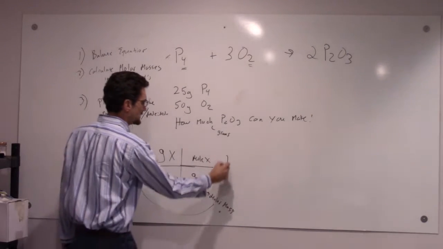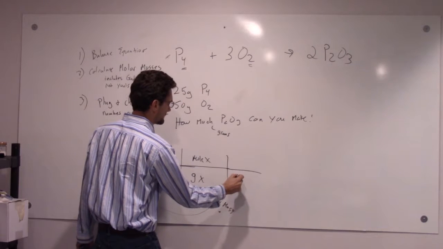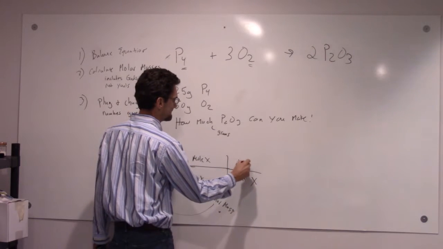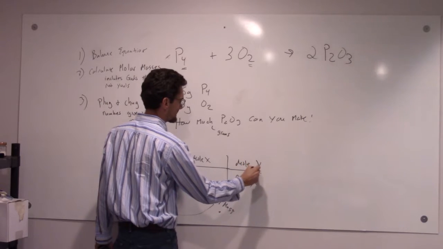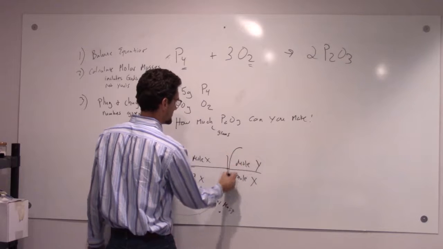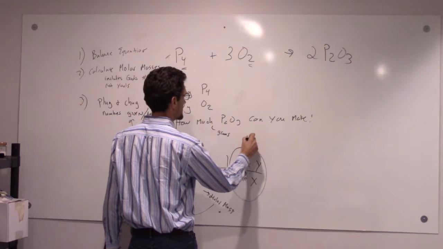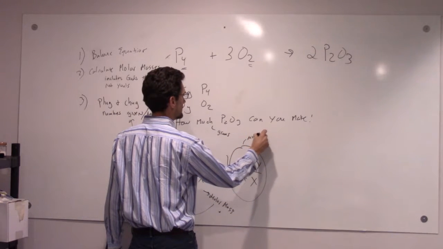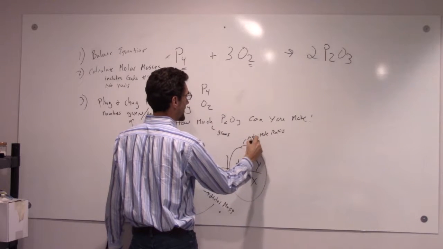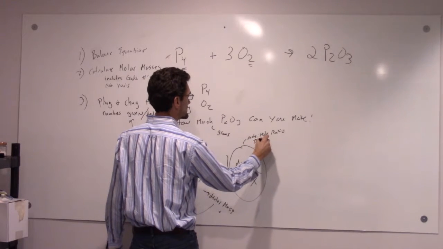Once you get moles of X, then you go from moles of X to moles of Y. And this is your mole-to-mole ratio, and it's dependent upon a balanced chemical equation.